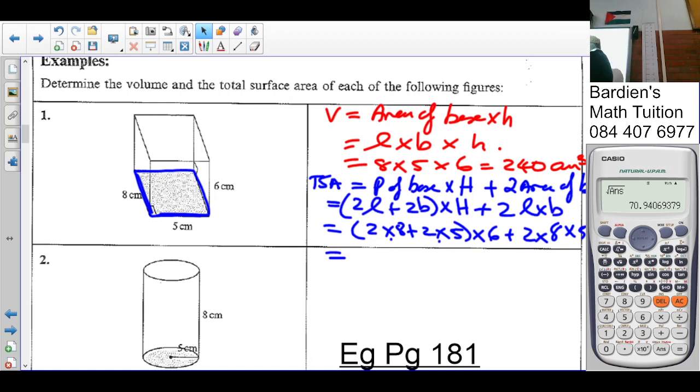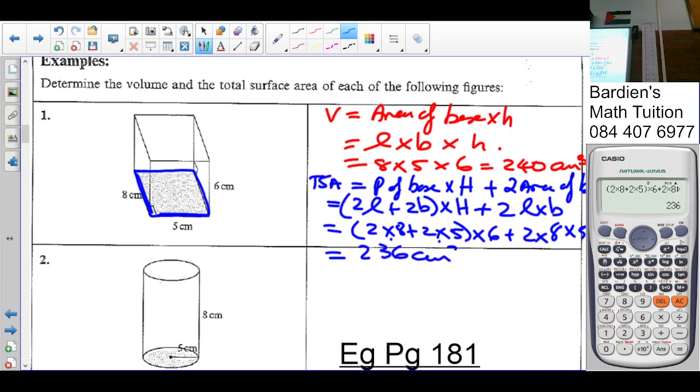We can put it in the calculator. Open the brackets, 2 times 8 plus 2 times 5, close brackets, times 6, plus 2 times 8 times 5. 236 centimeters squared.